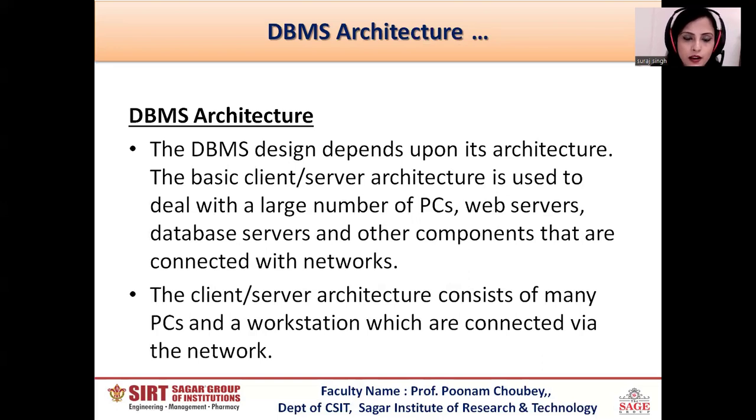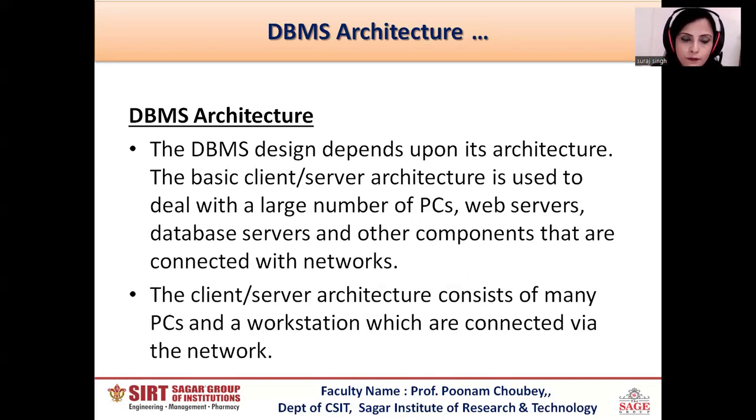The DBMS is basically of two types. The basic client server architecture is used to deal with a large number of PCs. For example, in a company area, we can see so many client server architectures, right? So it is connected with the large data server.